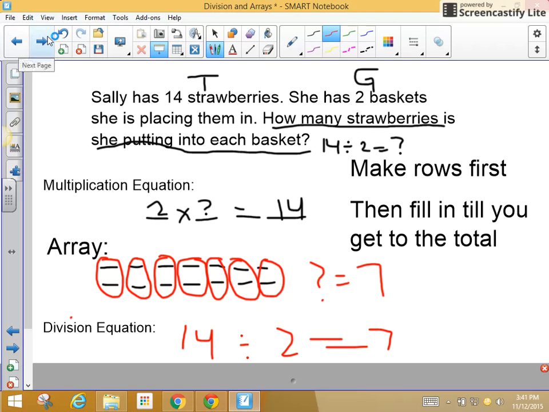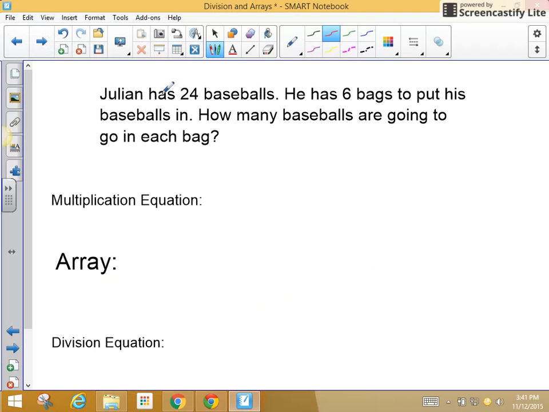Let's look at another problem. Julian has 24 baseballs. He has 6 bags to put his baseballs in. How many baseballs are going in each bag? First of all, let's figure out what my total is. My total is the number 24. You got it. And what other piece of information do I have? Do I have groups or do I have how many will go in each group? I have my groups. So I'm going to put a G up here because that's information that I know.